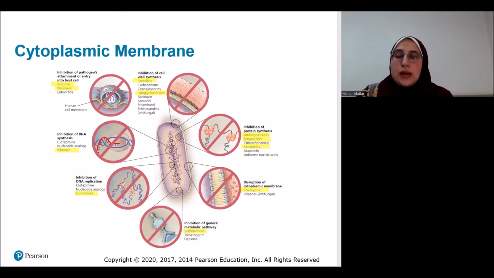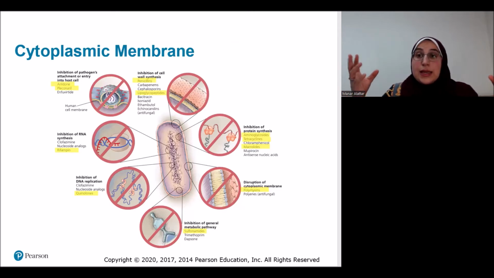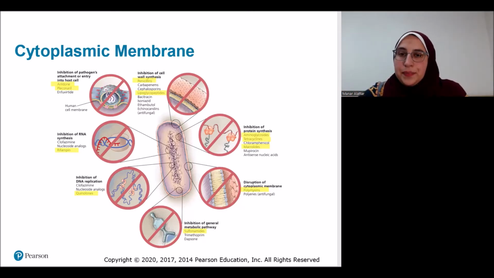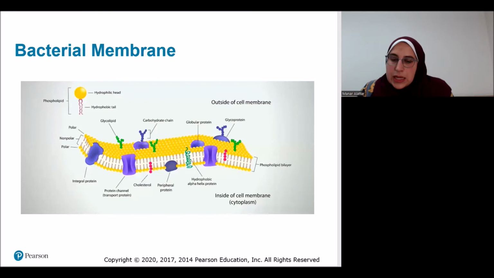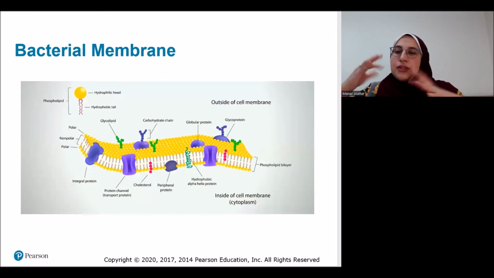So let's go ahead and talk about antibiotics that impact the cell membrane. If we remember, the cell membrane is under the cell wall, and it's very active, right? It's not just a protective layer like our cell wall.